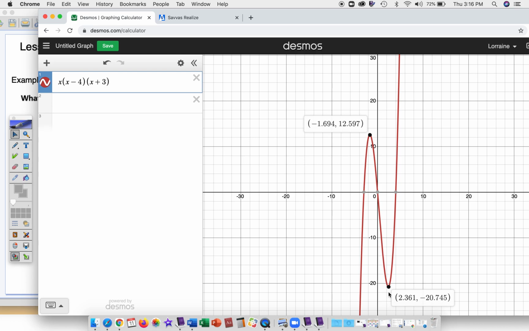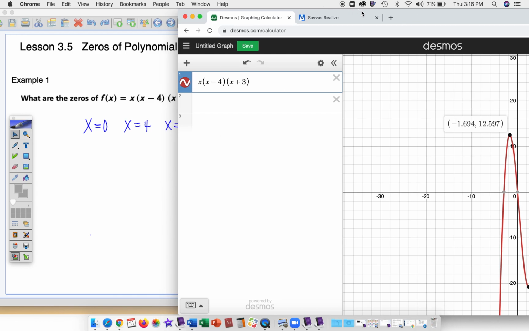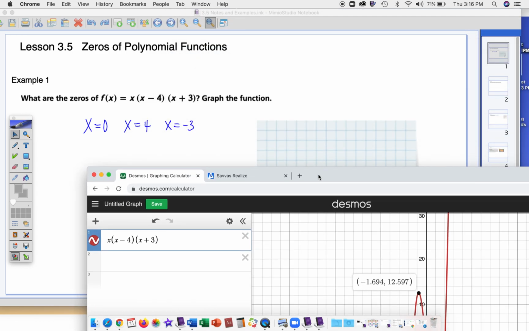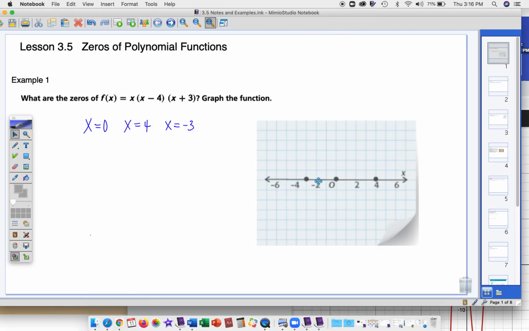And then I also have a turning point down here. So let me start with this one. So negative 1.7, and this is probably going to be way off our grid, but we can just change the scale on our grid. If I go up by 2's, let's see here, 2, 4, 6, 8, 10, 12.